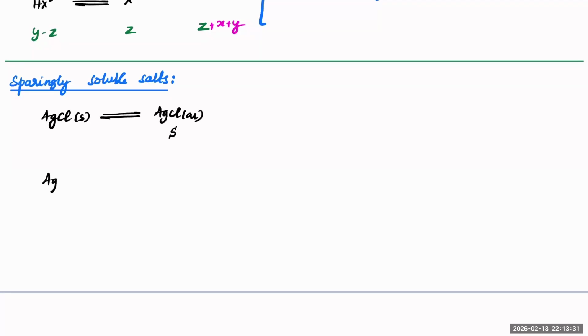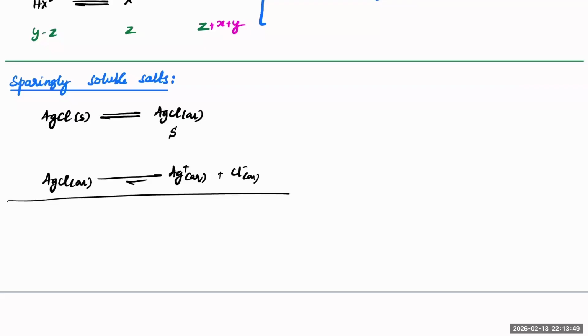S is the concentration, and the dissolved amount of AgCl mostly ionizes completely. The backward reaction is hardly favorable. So it will be like Ag plus aqueous plus Cl minus aqueous.